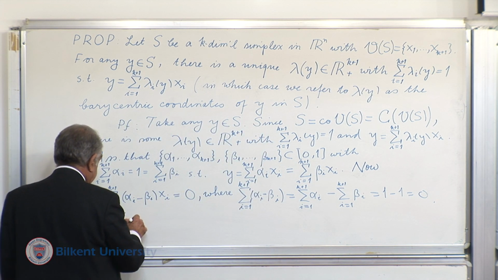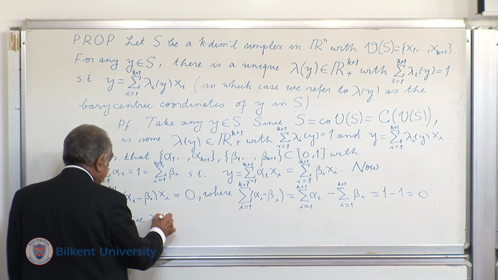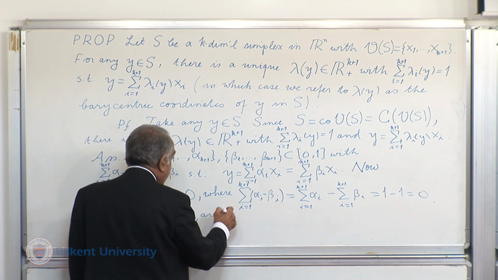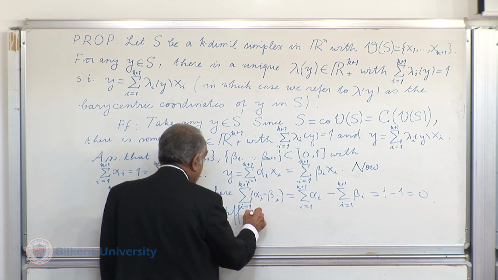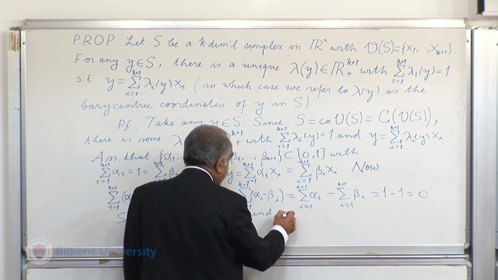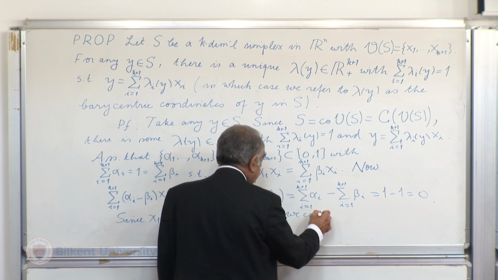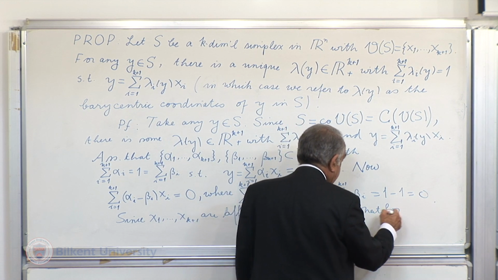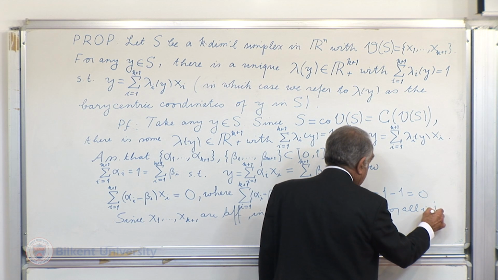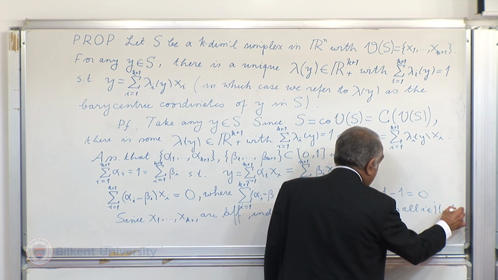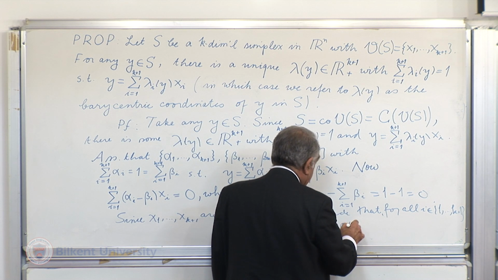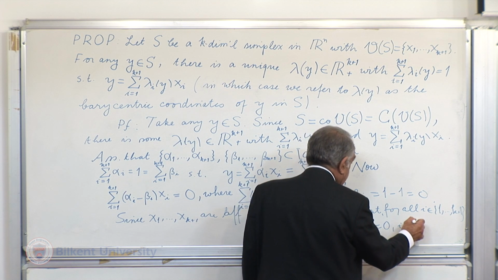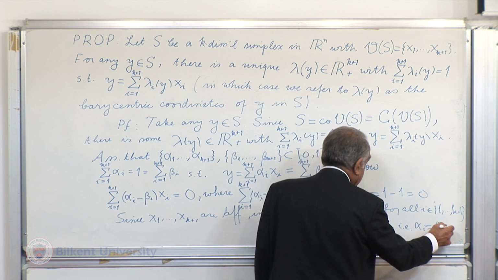Since x1, up to xk plus 1 are affinely independent, we conclude that for all i in 1 to k plus 1, alpha i minus beta i is 0, that is, alpha i is equal to beta i.